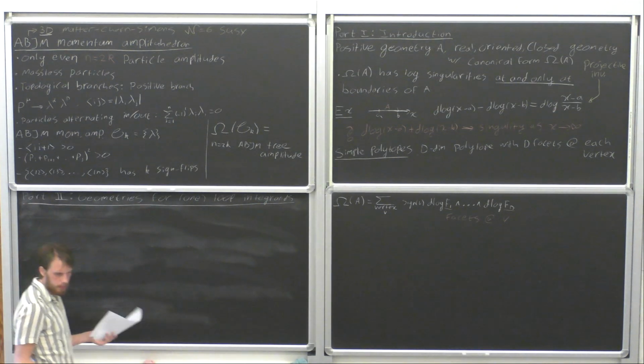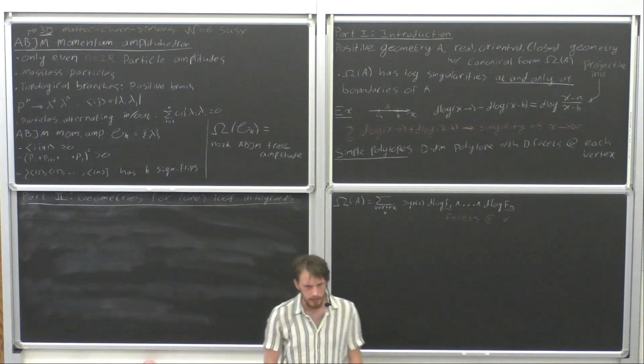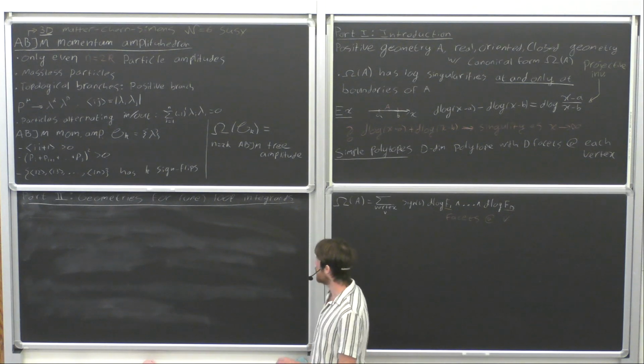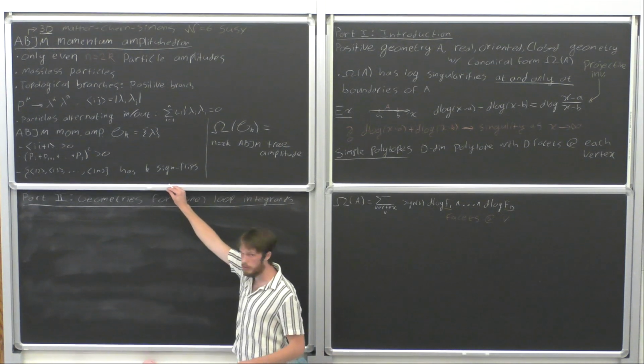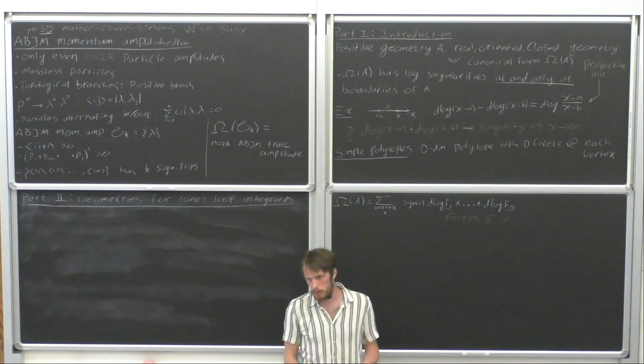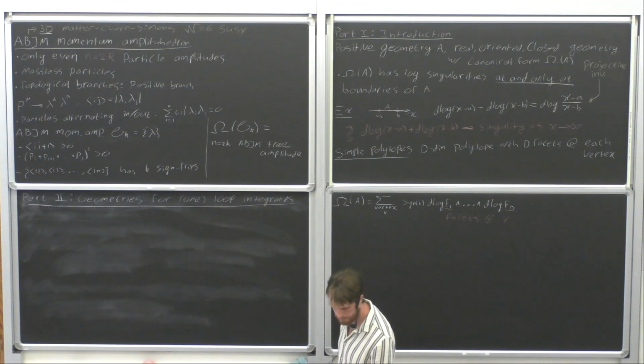Right, now for the main part of the talk, I'm going to be talking about geometries for one loop integrands. So what I've just defined as a geometry for the tree level amplitudes in ABJM theory, we're now going to be interested in the one loop integrands.